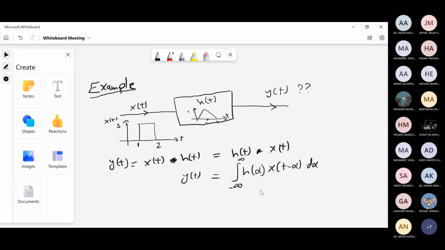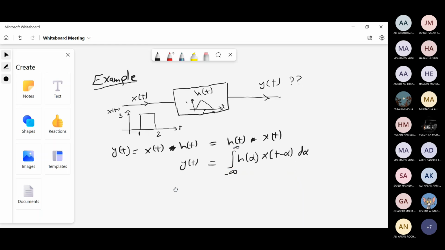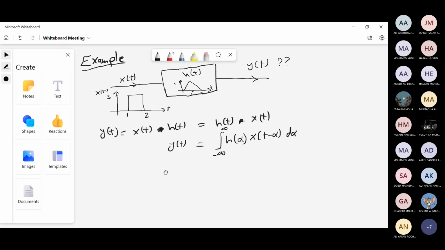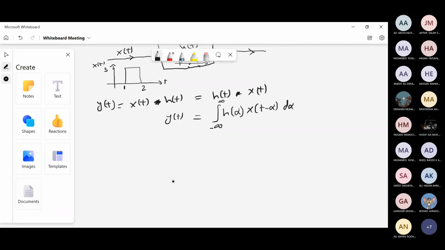Okay, so by using this formula, it means that we're going to fix h of t, but just rename it. Rename t with alpha, replace t with alpha. So then h of t will be something like this.